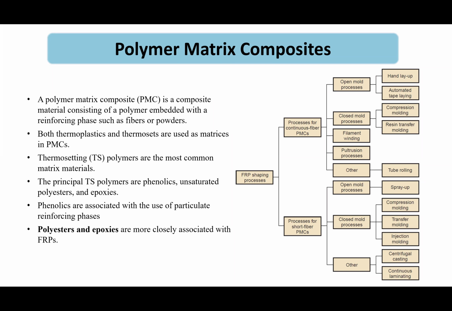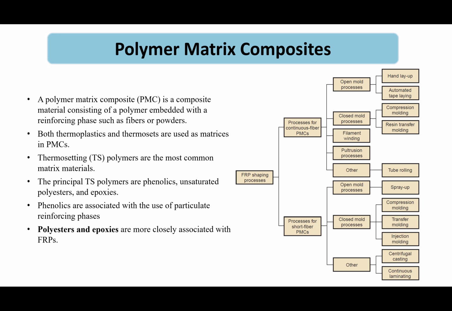Then closed mold processes: compression molding, resin transfer molding, and filament winding. For example, nowadays there are some composite LPG cylinders. Those are manufactured using the filament winding method. And there's the pultrusion method.